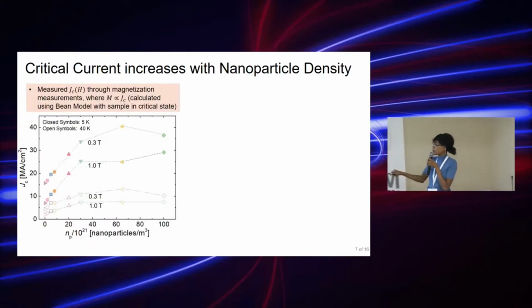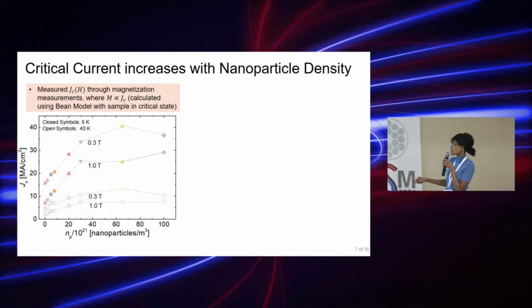So here, you see a plot of our data of JC versus the nanoparticle density in all of our samples, collected at 2 different magnetic fields, 0.3 and 1 Tesla, and 2 different temperatures, 40 Kelvin and 5 Kelvin. We measured JC in a magnetometer, where we can use the beam model to convert the magnetization to JC.